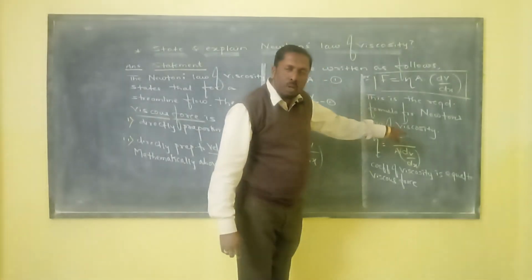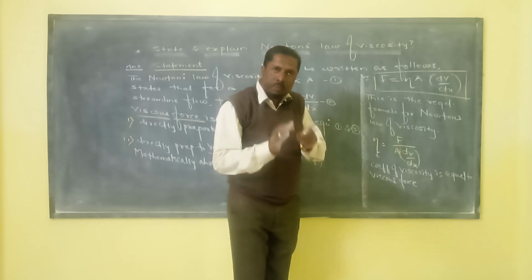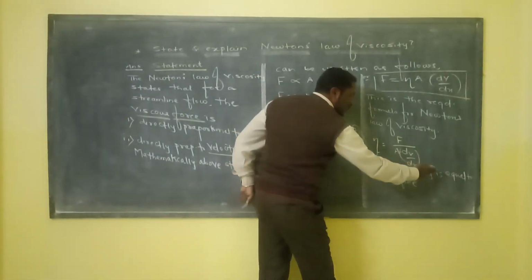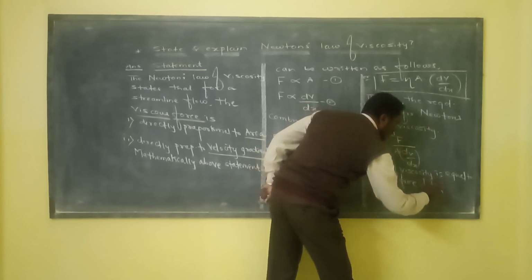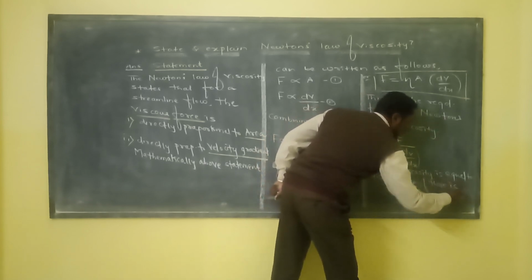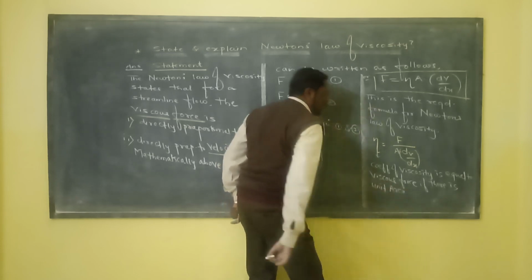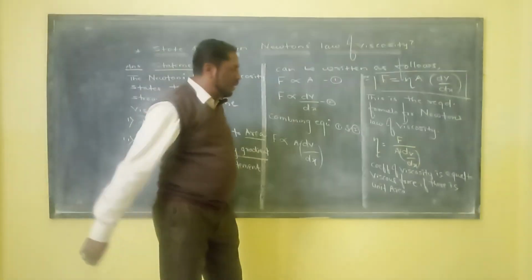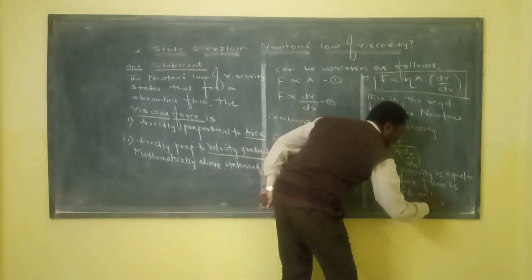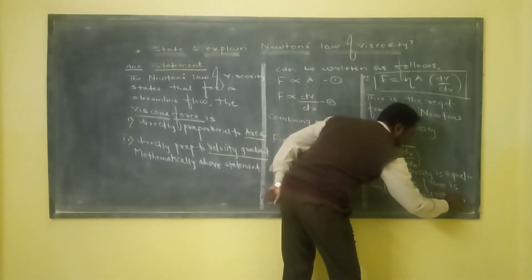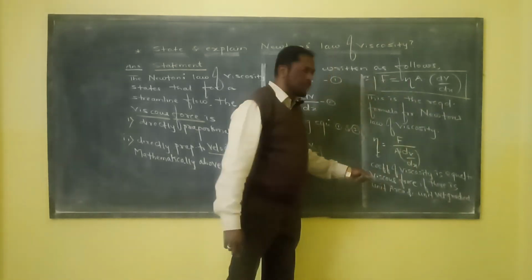Eta is equal to F. When will eta become equal to F? If there is unit area of cross section and unit velocity gradient.